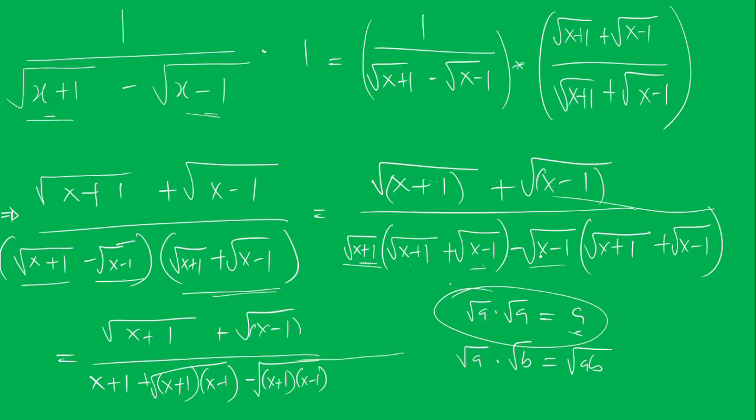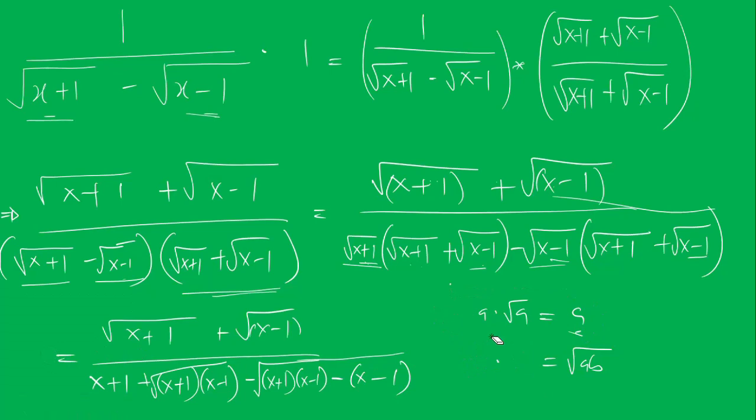Now minus the square root of x minus 1 times plus the square root of x minus 1. So you see, this is the same thing with this. So we apply this rule. So in that case, it will be minus x minus 1.